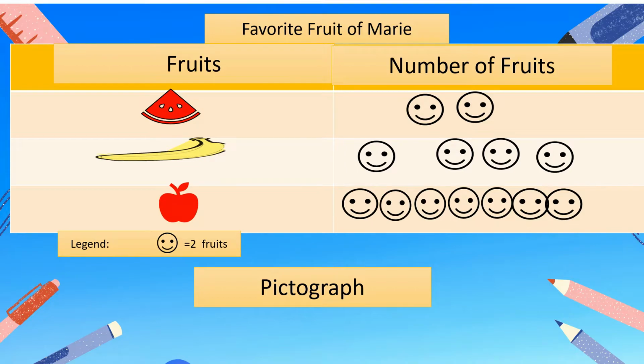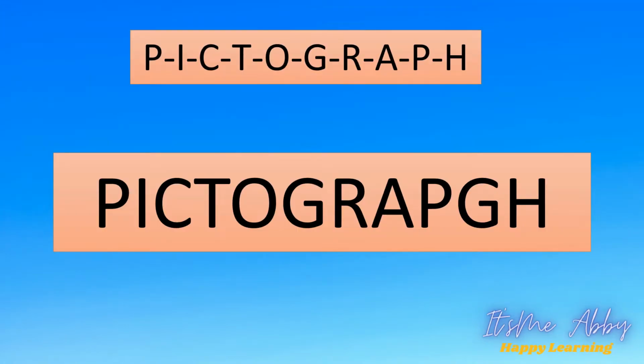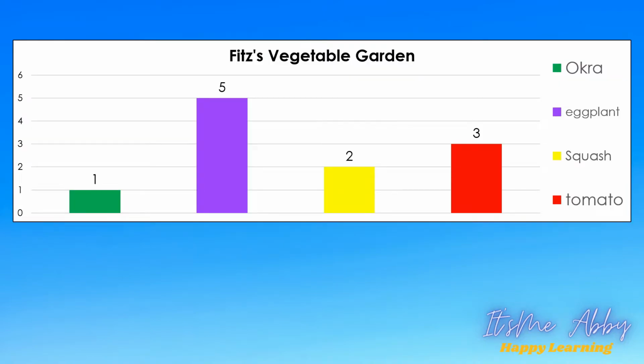It involves pictures to represent the data that you want to convey to the reader. Remember this? Pictograph. So remember the second word that you need to know. P-I-C-T-O-G-R-A-P-H. Pictograph.